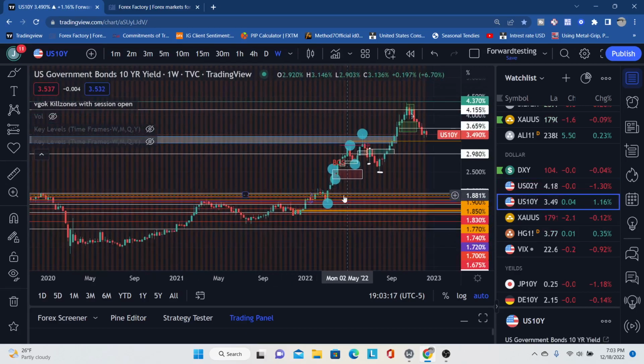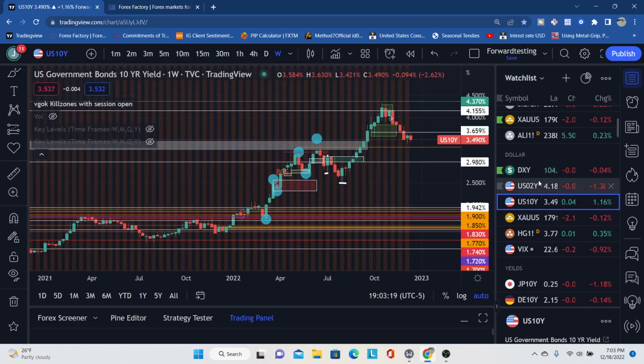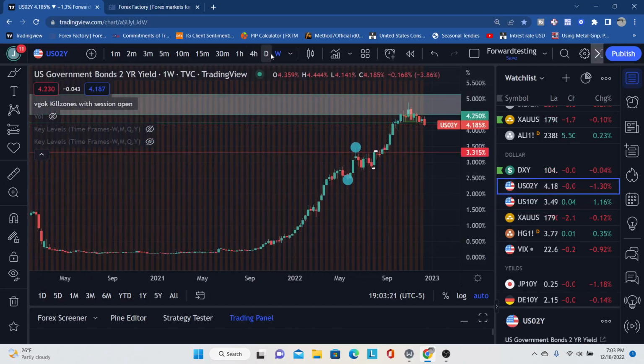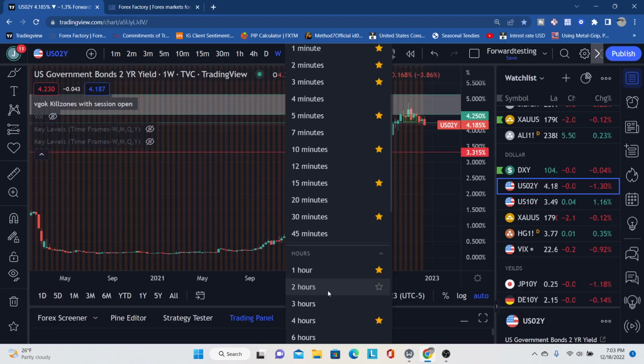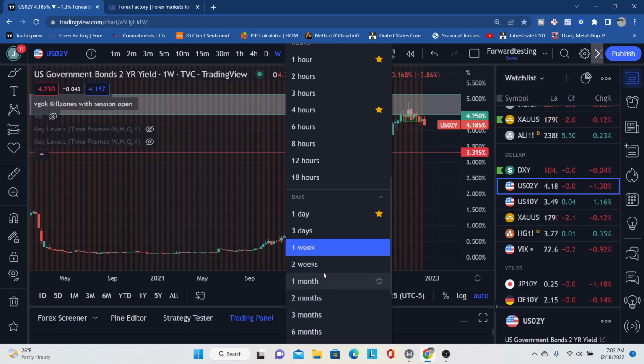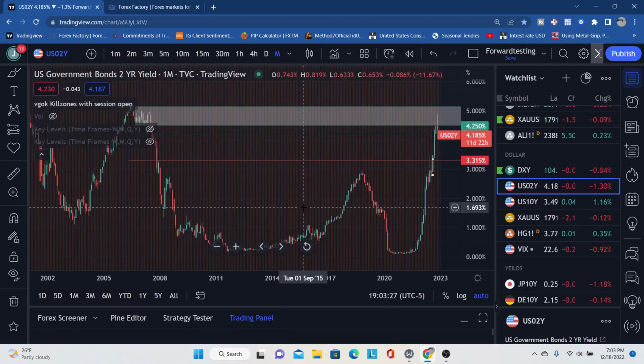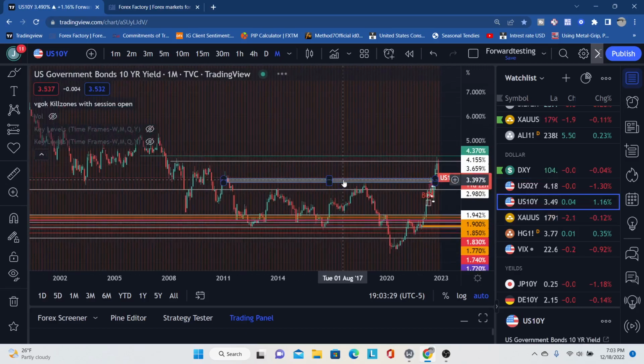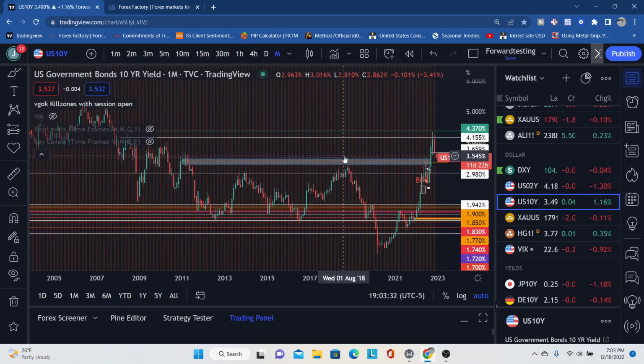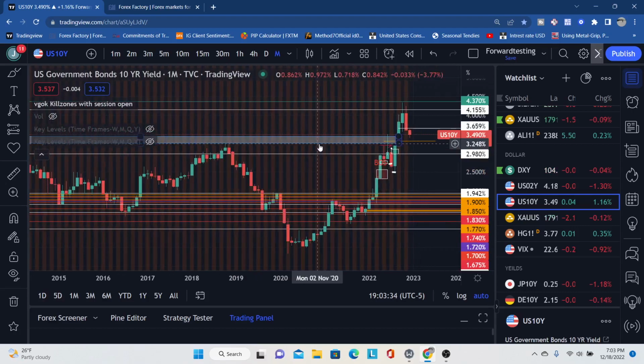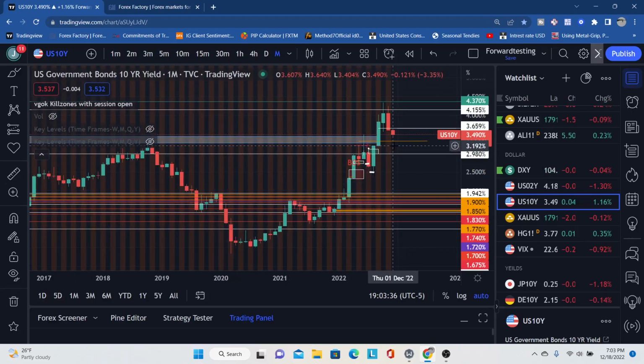So once these start coming down aggressively, that's another confirmation of the recession, in my opinion, and I will be trading based on that. 10-year, a bit bigger of a rejection, but still rather bullish, not moving too aggressively.